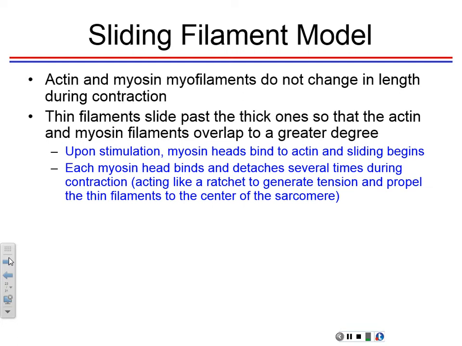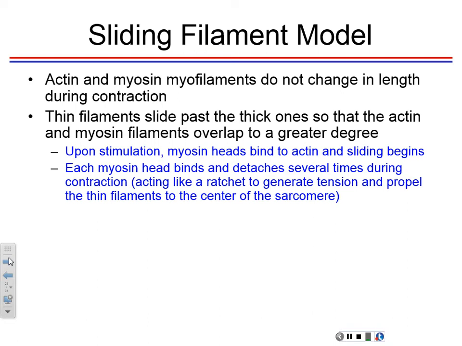So the calcium comes out, will attach to troponin, and then it will change its shape, and in doing so, move tropomyosin out of the way, and then the binding sites are exposed. And as long as the binding sites are exposed, those myosin heads will bind and contract using ATP, bind and contract, and bind and contract, until the muscle is fully contracted, or until you clear the calcium.